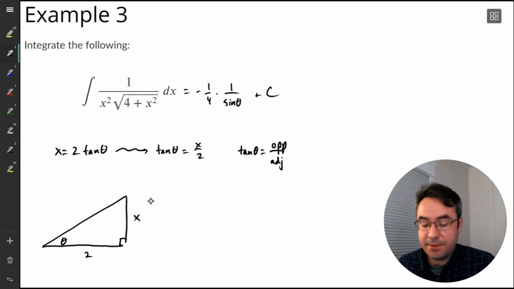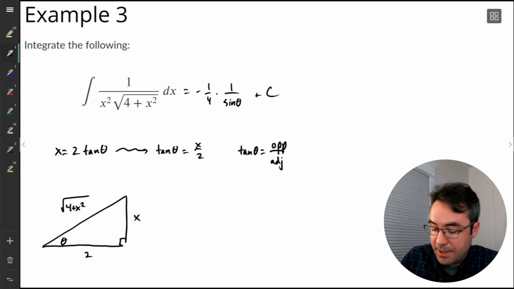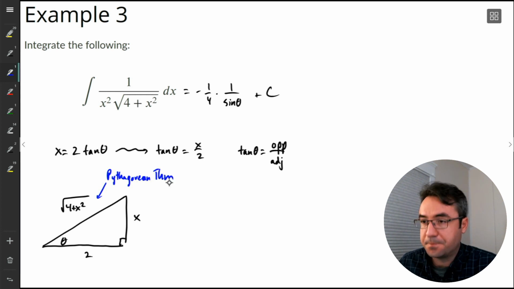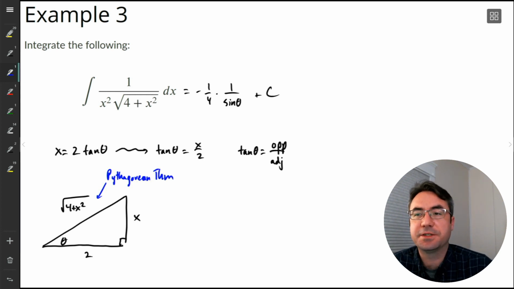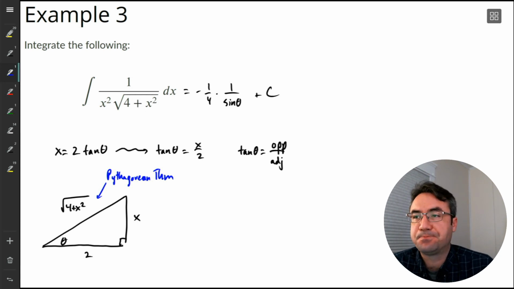And you could check it, but the missing side is just our original square root. So it's the square root of 4 plus x squared. Again, check this with the Pythagorean theorem. Good little practice there. But it's just going to be our missing square root term.